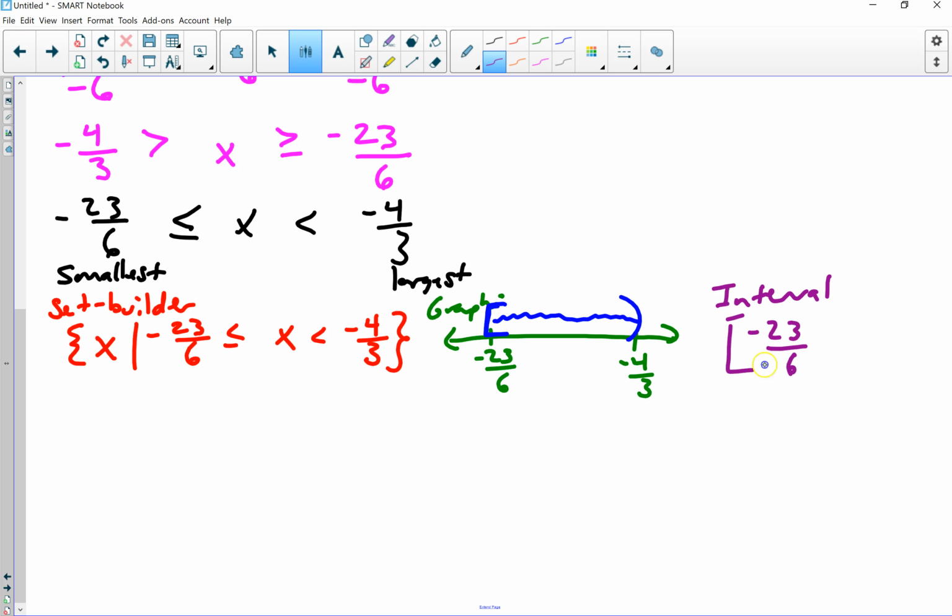I would also use a bracket for the same reason. We can be equivalent to the -23/6. Then you put the greatest value in your interval on the right. So my greatest value is -4/3, and I used a parenthesis. I also get to use a parenthesis. So that would be how we solve our inequality and write our solution the 3 different ways.